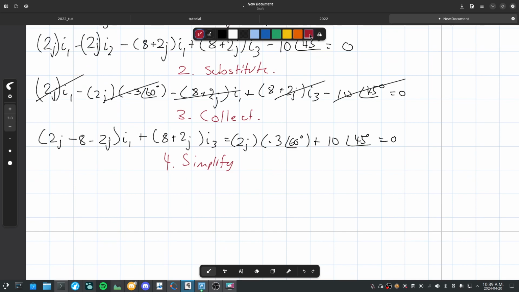So we can see here that these two cancel out. So that's going to be negative 8 I1 plus 8 plus 2j I3 is equal to, and now let's put this into our calculator, 2i times negative 3 with a phasor of 60.